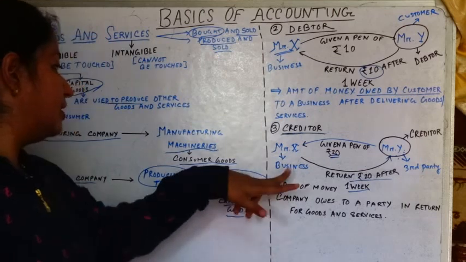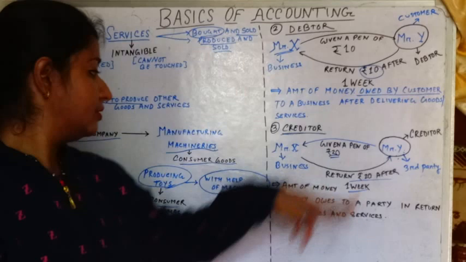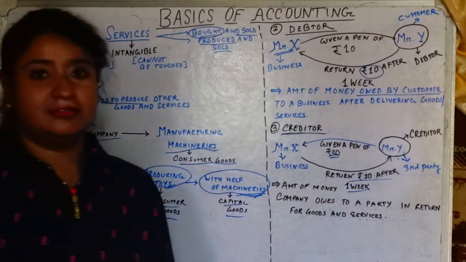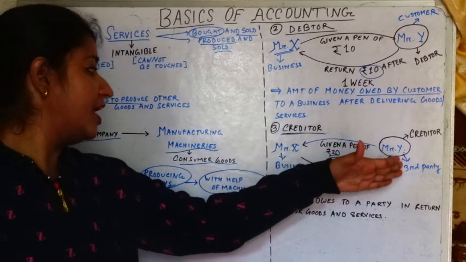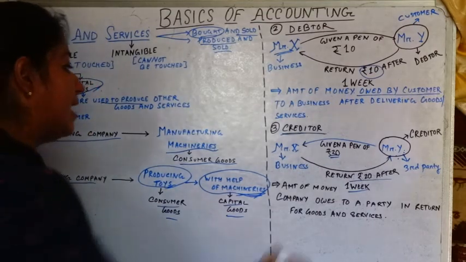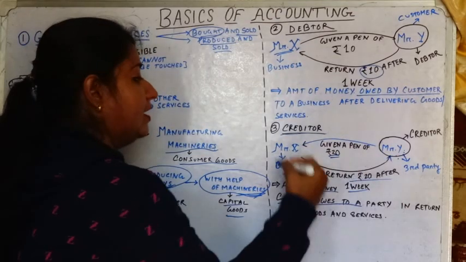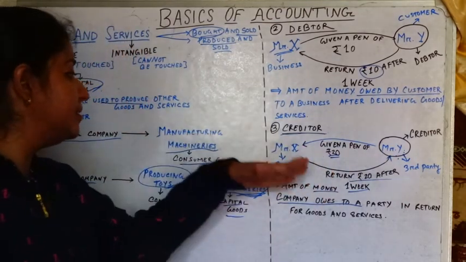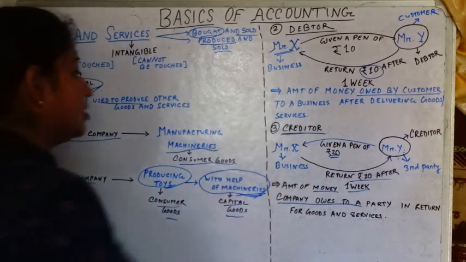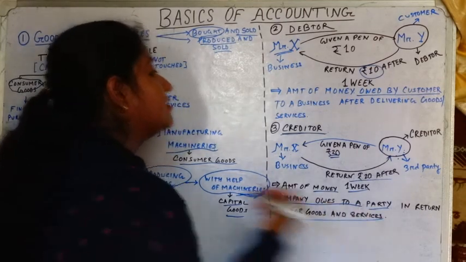So when the business owes a party in return for goods and services, then the third party becomes the creditor of the business. So the amount of money the company owes to a party, because the business has to return 20 rupees after a week, right? The amount of money the company owes to a party in return for goods and services.